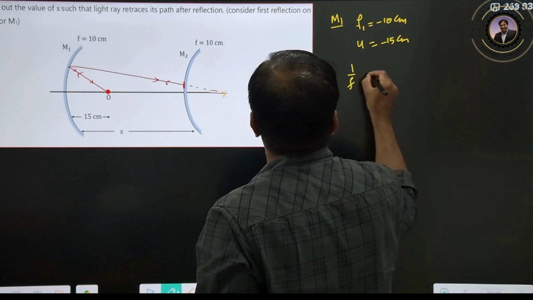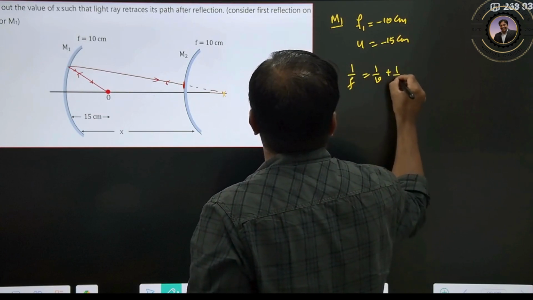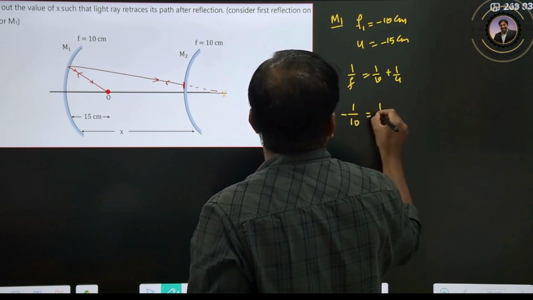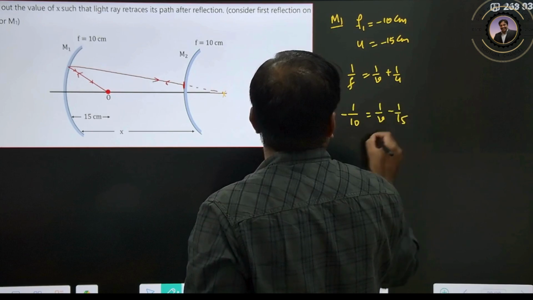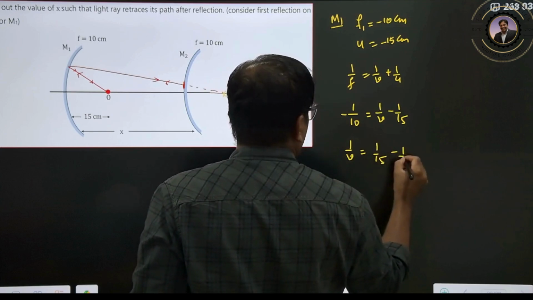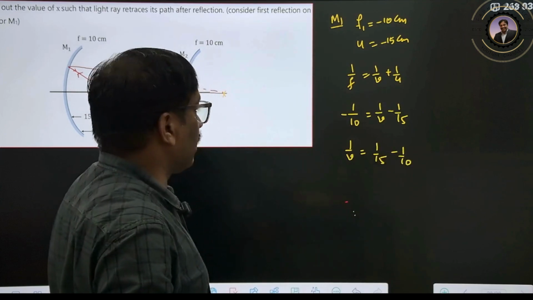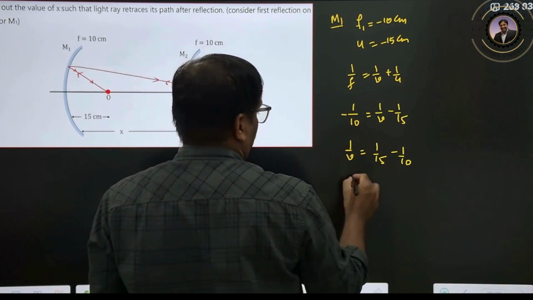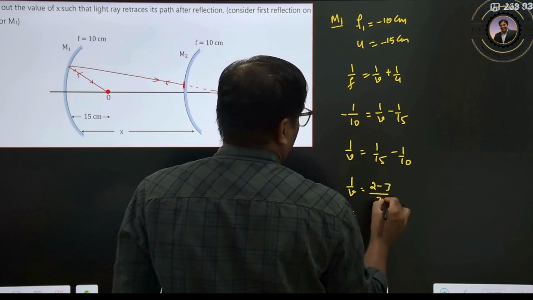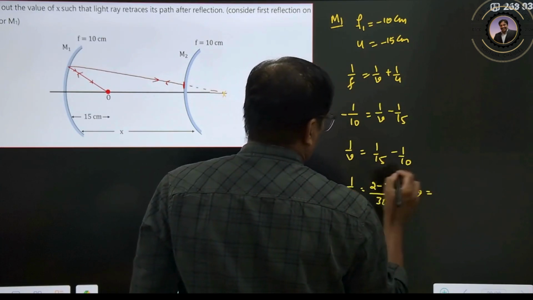So use 1 by f equals 1 by v plus 1 by u. So minus 1 by 10 equals 1 by v minus 1 by 15. So 1 by v equals 1 by 15 minus 1 by 10. Clear? So I can make it 30: therefore 1 by v is 2 minus 3 by 30.